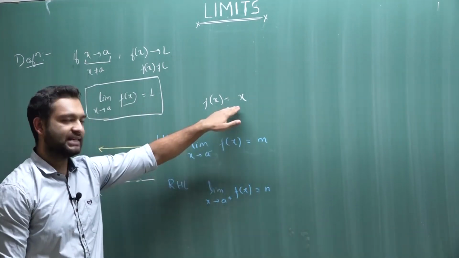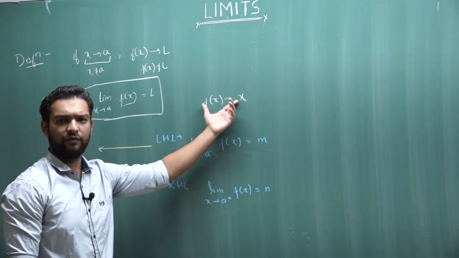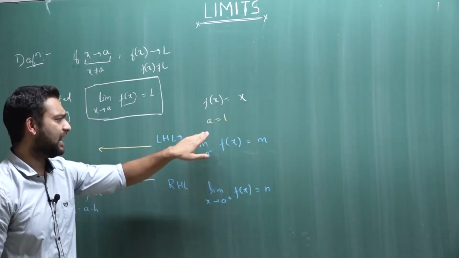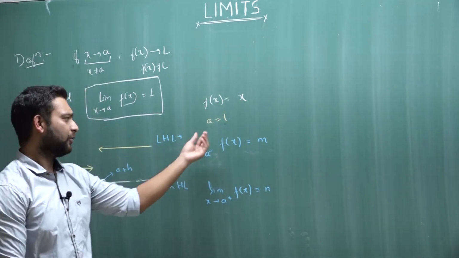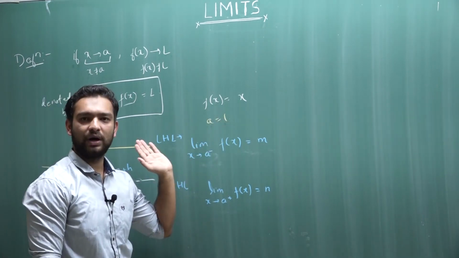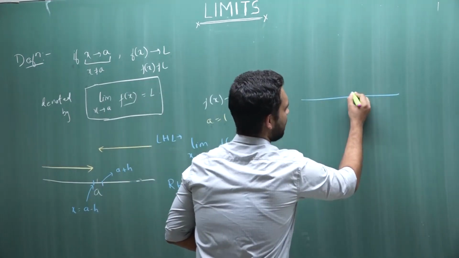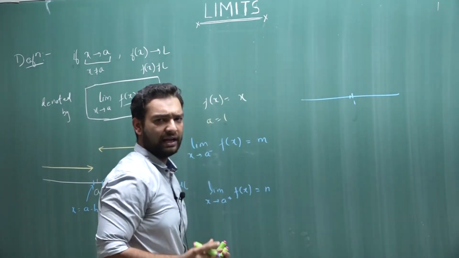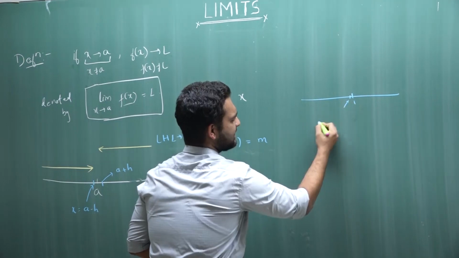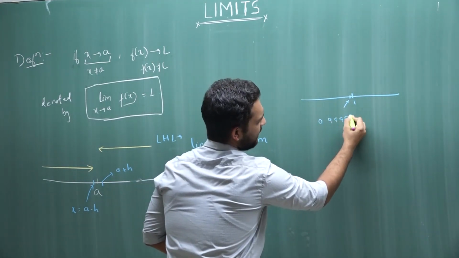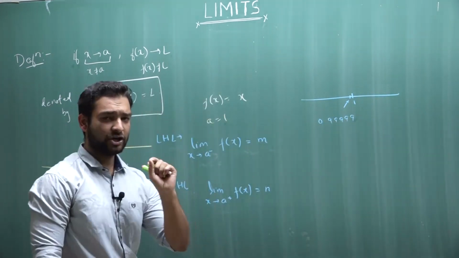Okay, now going to the basic, the first function that we took, for example, f of x is equal to x and a was 1. So if you look at 1, you can tend to 1 from the left hand side. Let's say this is your 1 and I have taken a very close value to 1. Let's say it is 0.999999 and so on, but it's not exactly 1.